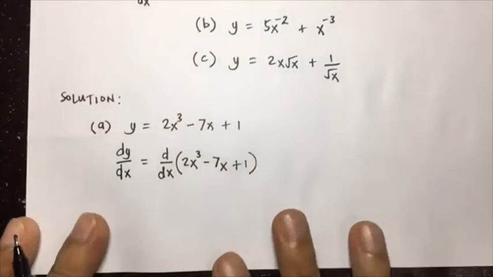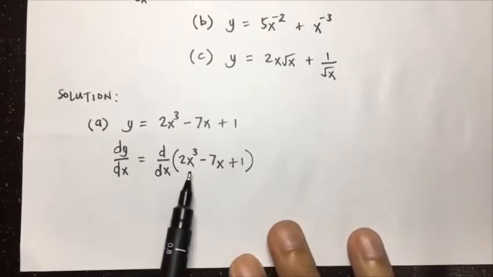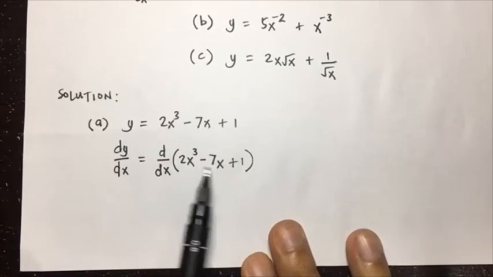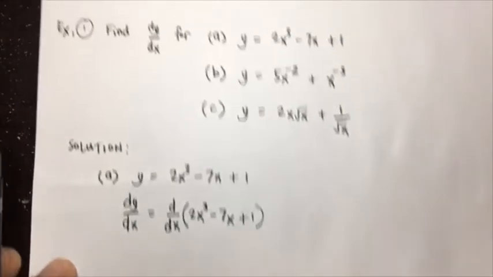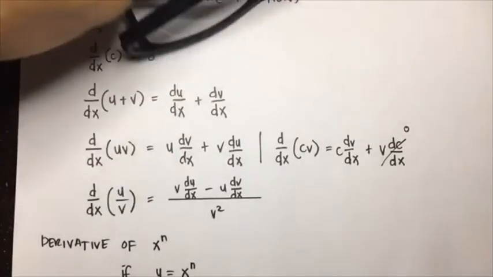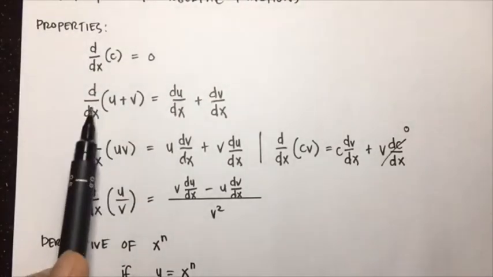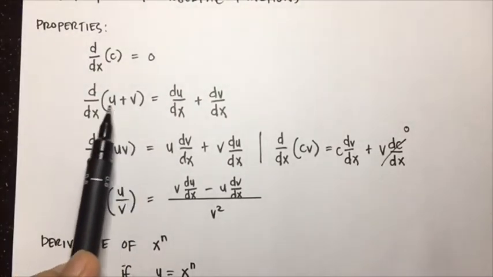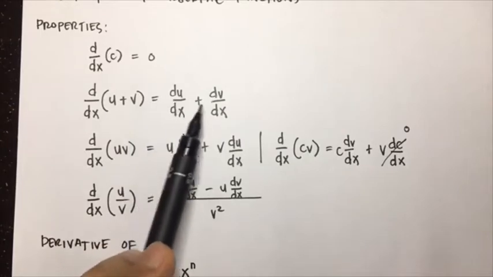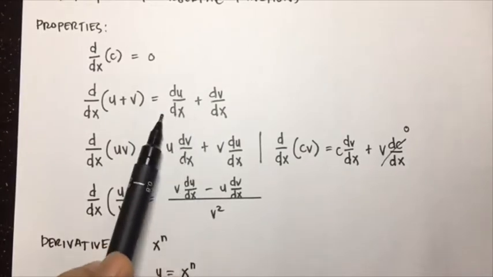As you can see, our function is composed of three terms. According to the derivative of a sum, when our function is composed of several terms, all we need to do is get the derivative of each term.